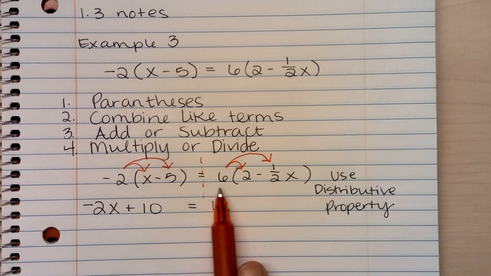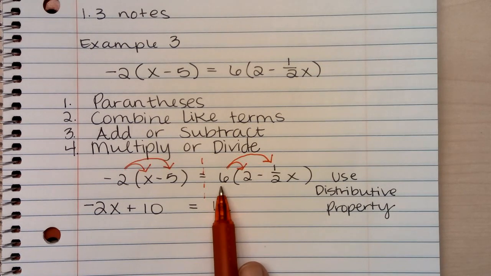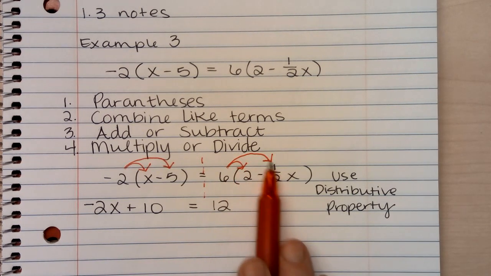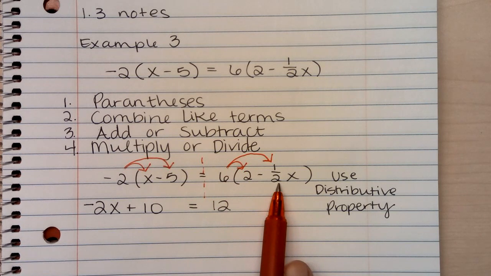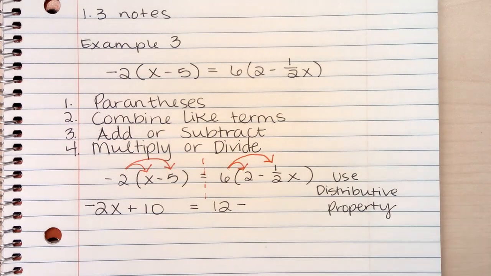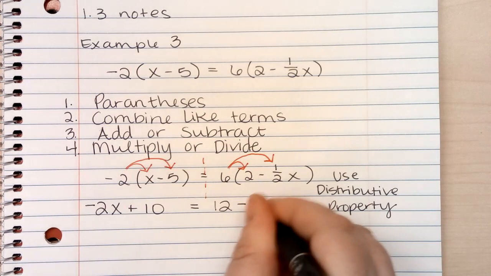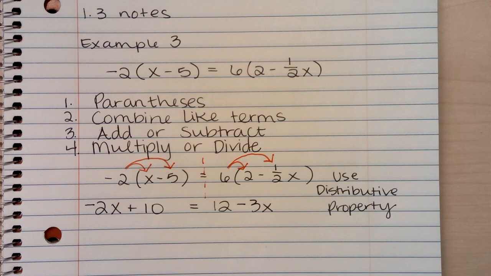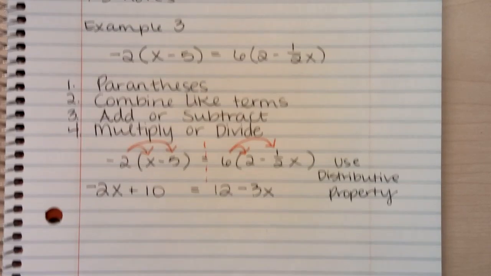And I know when I divide 6 by 2, I get 3. You can also put in your calculator 6 times -0.5 or -1/2, and you will get -3. And don't forget your x, because there is an x attached to this, -1/2. Okay. We've used distributive property. We multiplied through our parentheses.